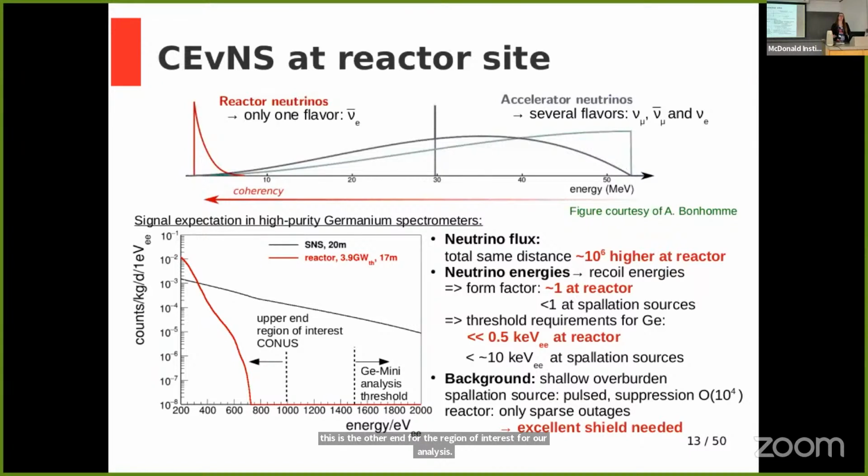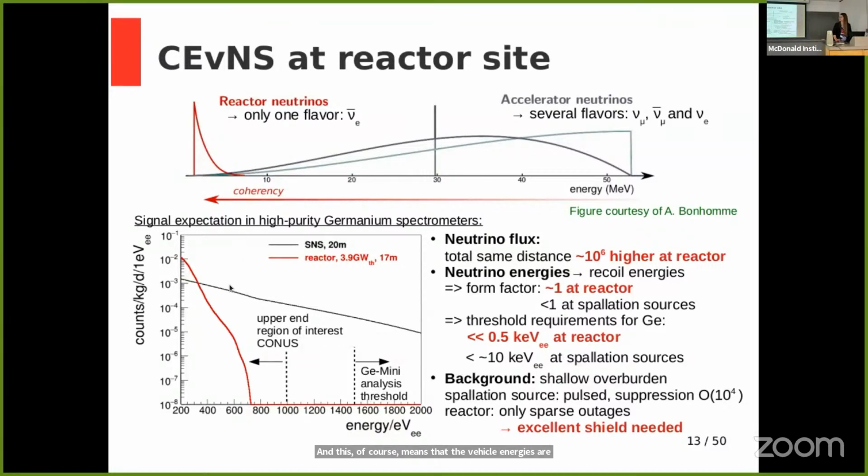And here I want to take a moment to compare with reactor experiments, because I think it's interesting to understand a bit better what's different, which makes detection at the reactor site more challenging, and why the spallation source is such a great place to detect CEvNS. For the spallation source spectrum, what you can see here starts at 3 mega electron volts, while at the reactor, down here, the neutrinos have energies below about 12 mega electron volts. And this, of course, means that the recoil energies are much lower.